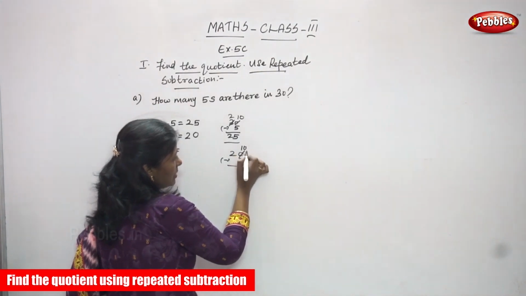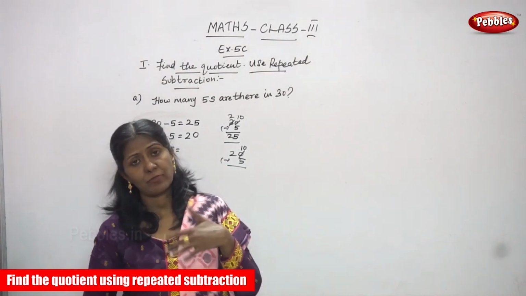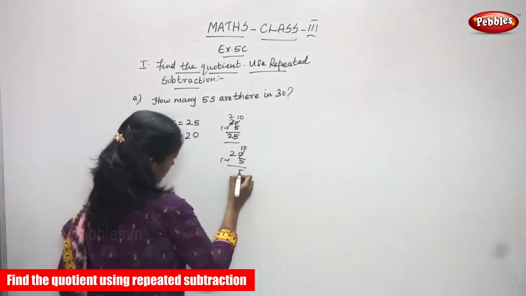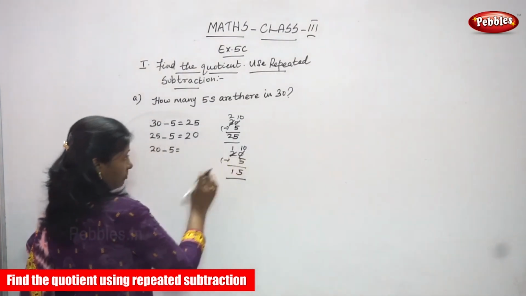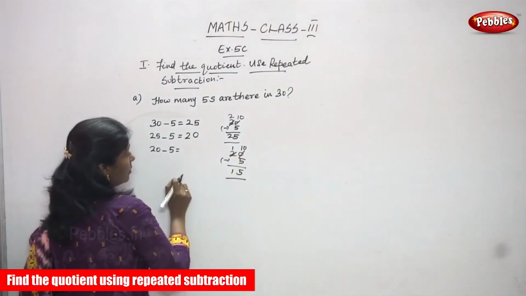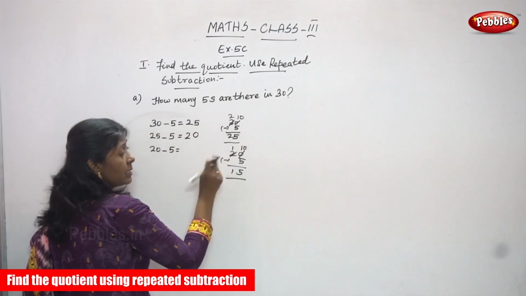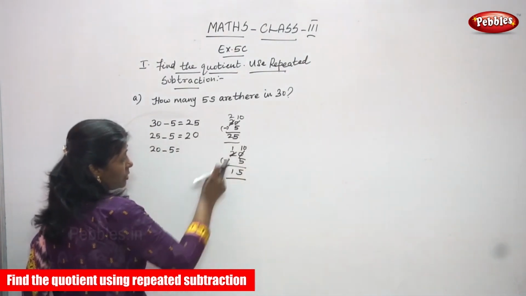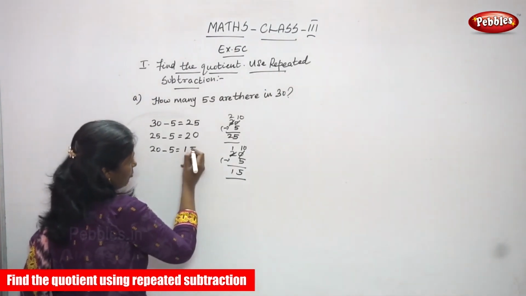This 0 becomes 10, and 10 minus 5, using backward counting, after 5 comes 6, 7, 8, 9, 10, you get 5. So this 2 becomes 1 because you borrowed one ten. So the answer is 15 now.